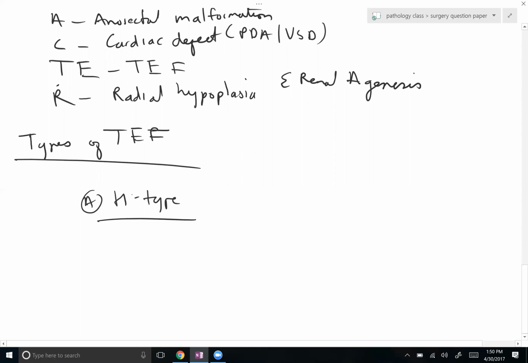Whenever we say fistula, we basically mean an abnormal connection.